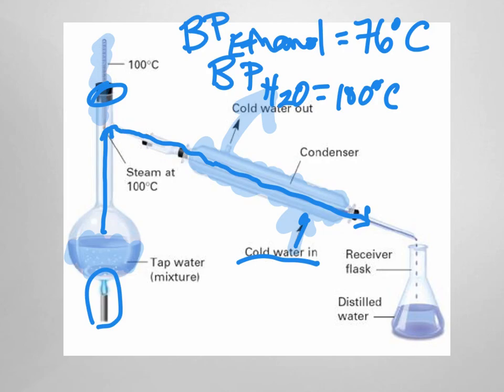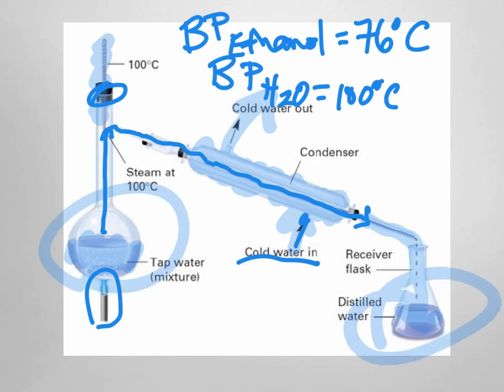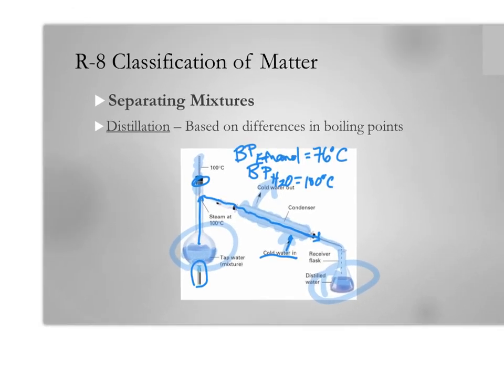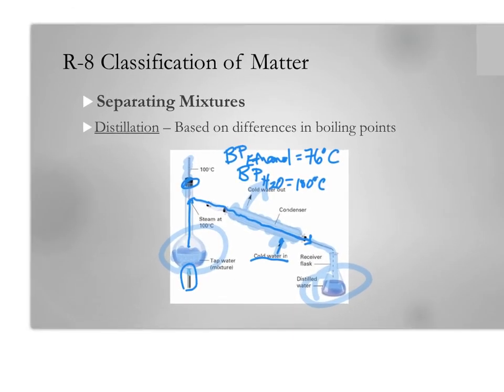That cold water, usually ice cold water, will recondense the ethanol. So you'll get liquid ethanol over here, which will drop into that flask, and you get ethanol there, water over there, and now you've separated the two. One of the key things to remember for these separations of mixtures is that they're always done by physical means.